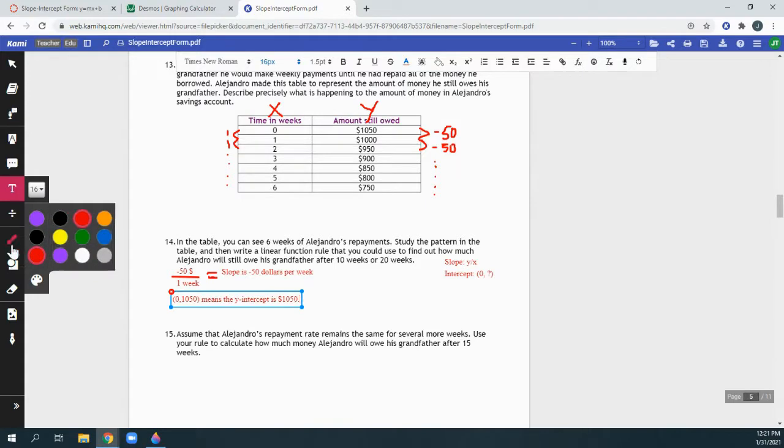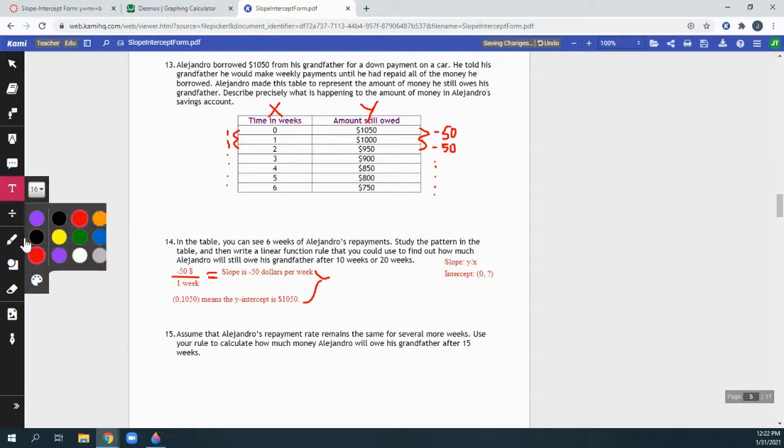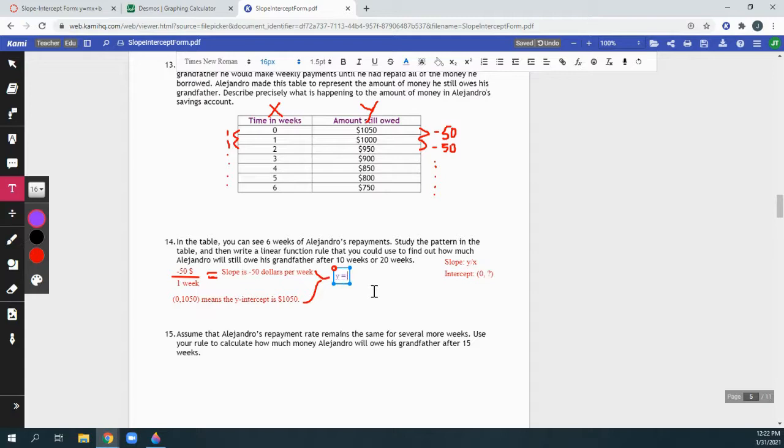So what does that mean? Our function is, what do I hear? Y equals, we have our m is our slope, so -50, x plus b is our intercept, 1050. See how I just took those two numbers and I put them in there?